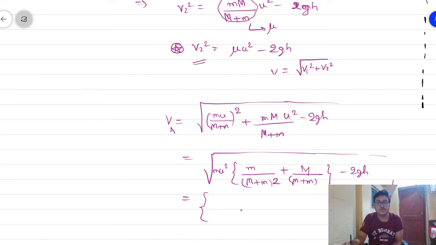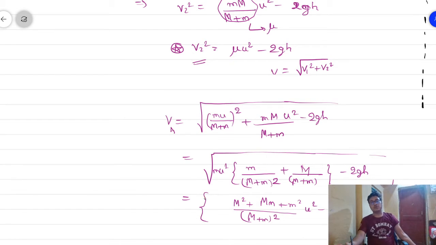This will be M square plus (M plus m) square plus Mm plus m square over (M plus m) to the power 2 times u square minus 2gh.